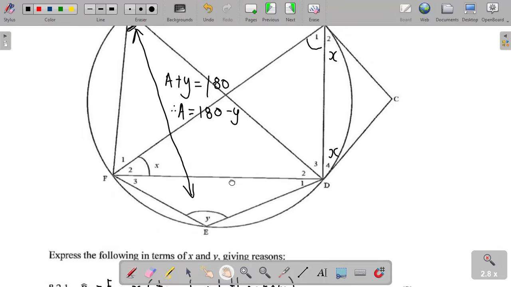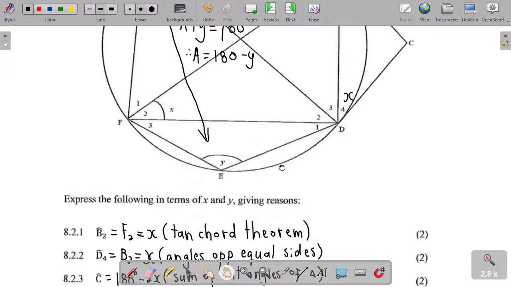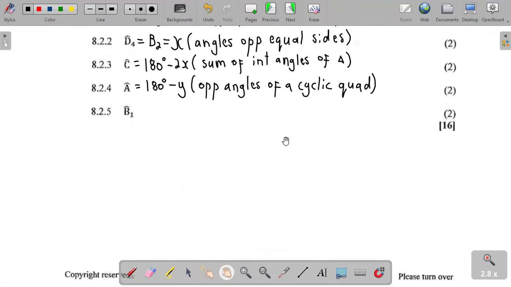B1 and A, they're subtended by the same chord, so it will be equal to A, which equals 180 degrees minus Y. Whatever we got for A.